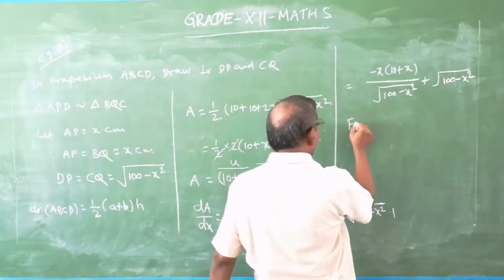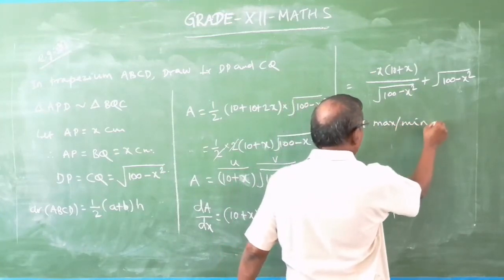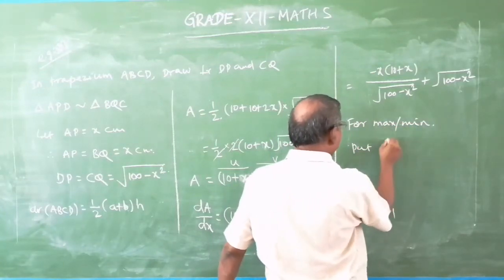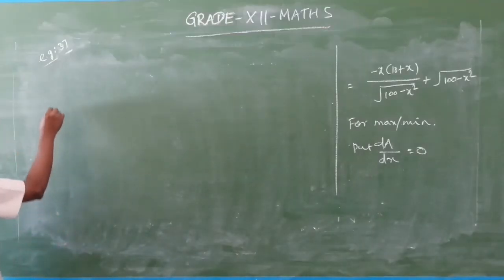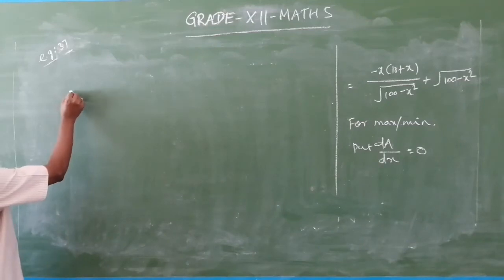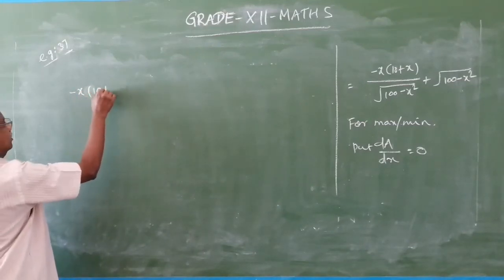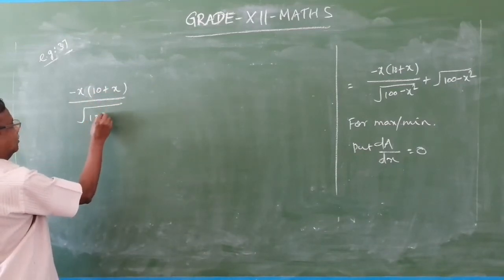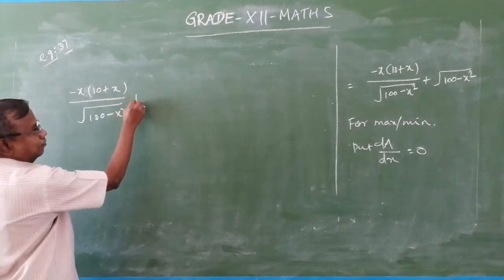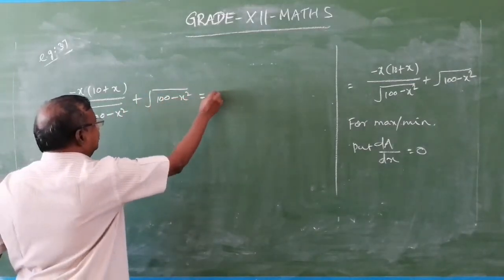For maximum or minimum, we have to put dA by dx equal to 0. So minus x into (10 plus x) divided by root of 100 minus x square plus root of 100 minus x square equal to 0.